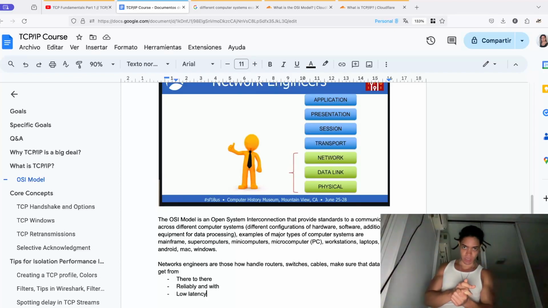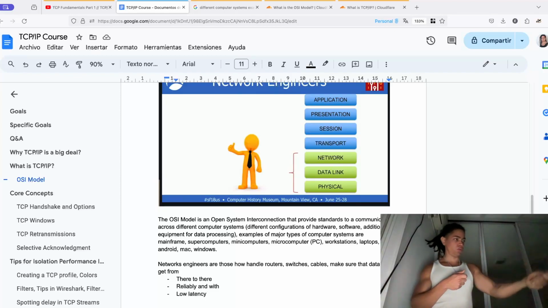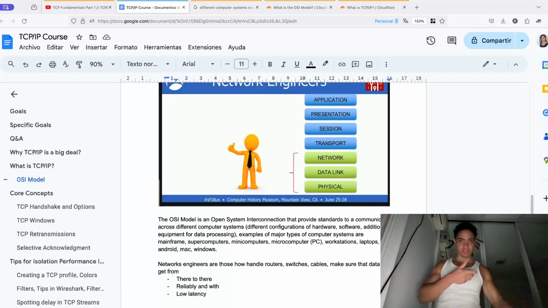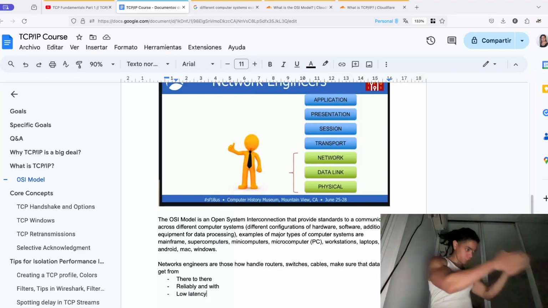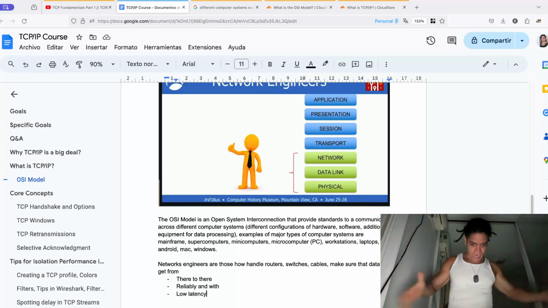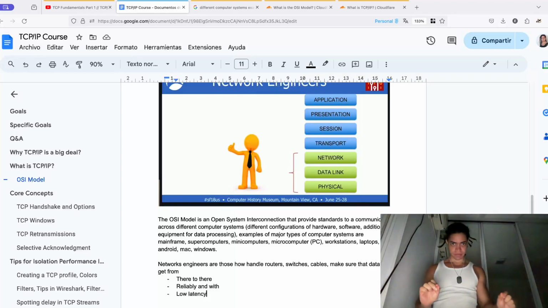The network people handle these low level layers: the physical, the data link, and the network. So these are the people that handle cables, switches, and routers and make the data go from there to there reliably with low latency.